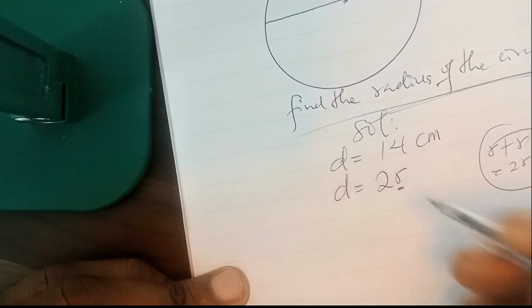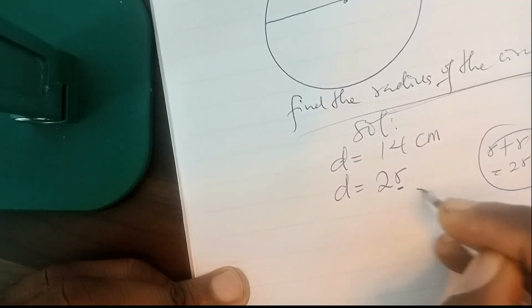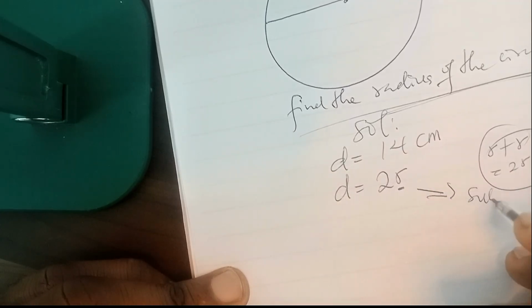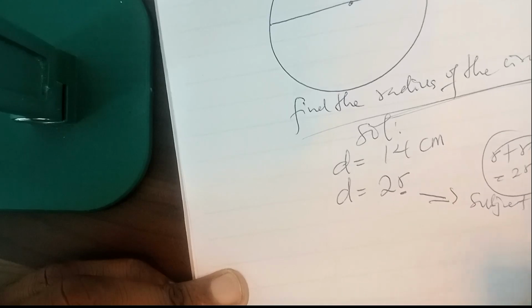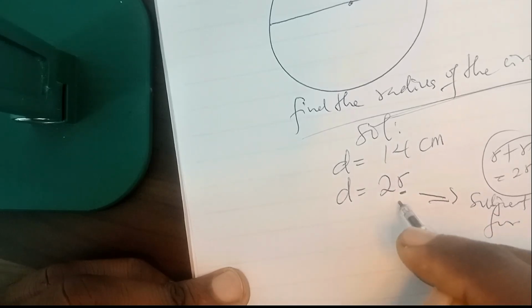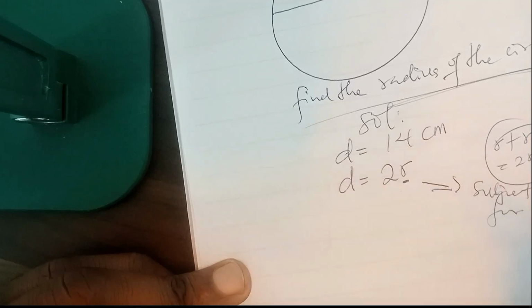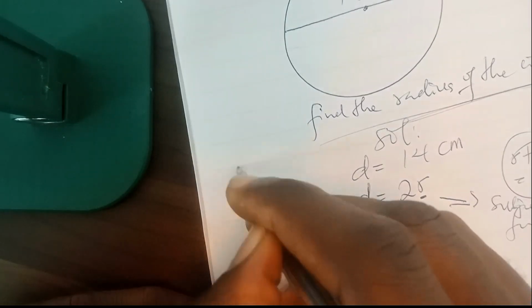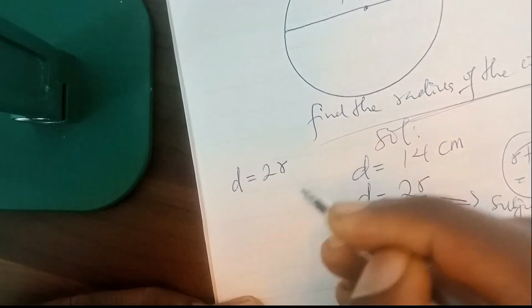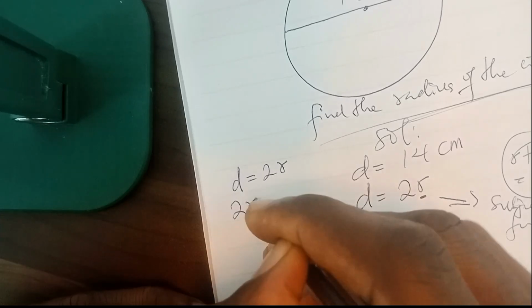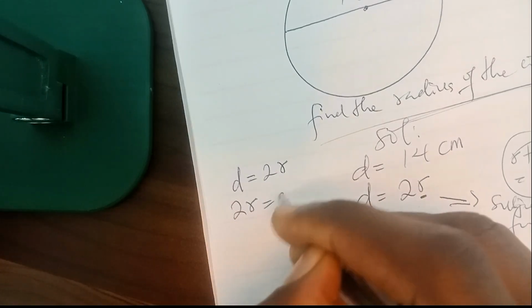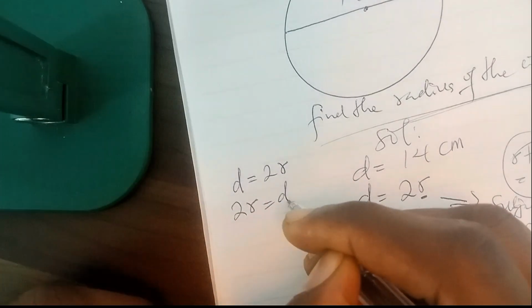Let's use an aspect of math that is called the subject of formula. We are going to be making r the subject. In mathematics, if you are given d equals 2r, it's the same thing as saying 2r equals d.